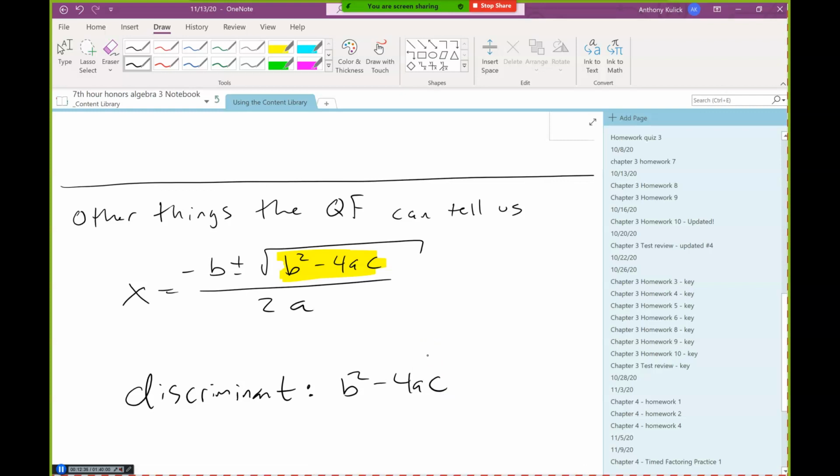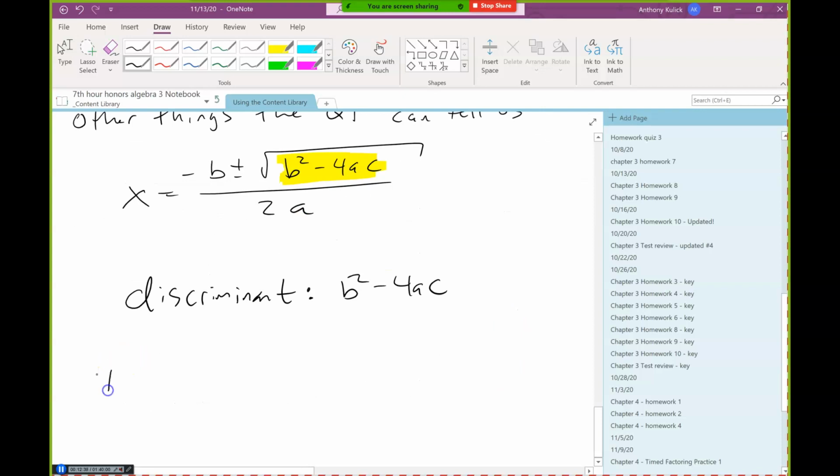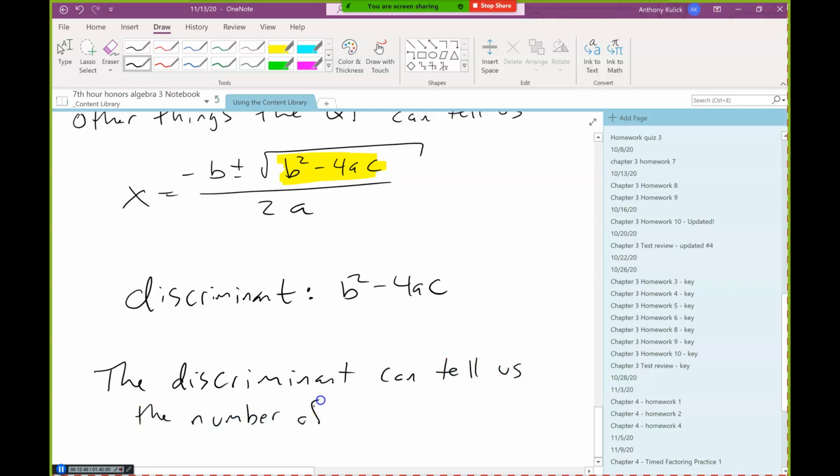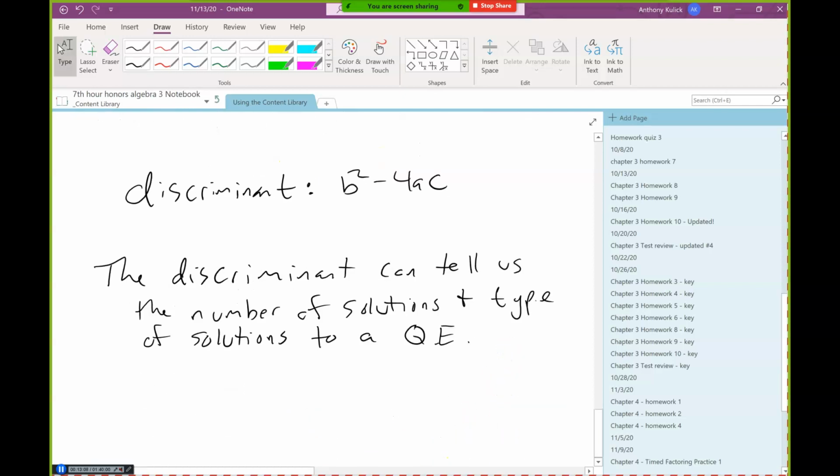And we can use the discriminant to tell us a couple of things. So the discriminant can tell us the number of solutions and type of solutions to a quadratic equation. So QE is just me abbreviating quadratic equation.